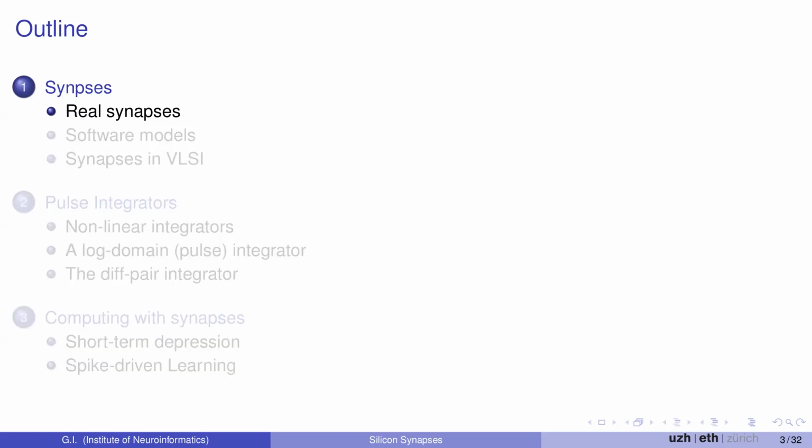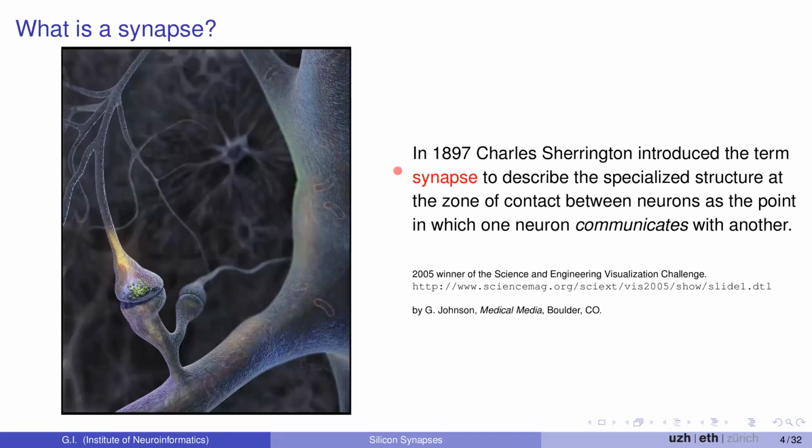So we start with real synapses. Real synapses in biology are those elements that connect the presynaptic neuron to the postsynaptic neuron. Here you see a picture that was taken from a science and engineering visualization challenge. It's already quite old, but it's very realistic. This is the end terminal of one axon, so it's coming from a neuron.